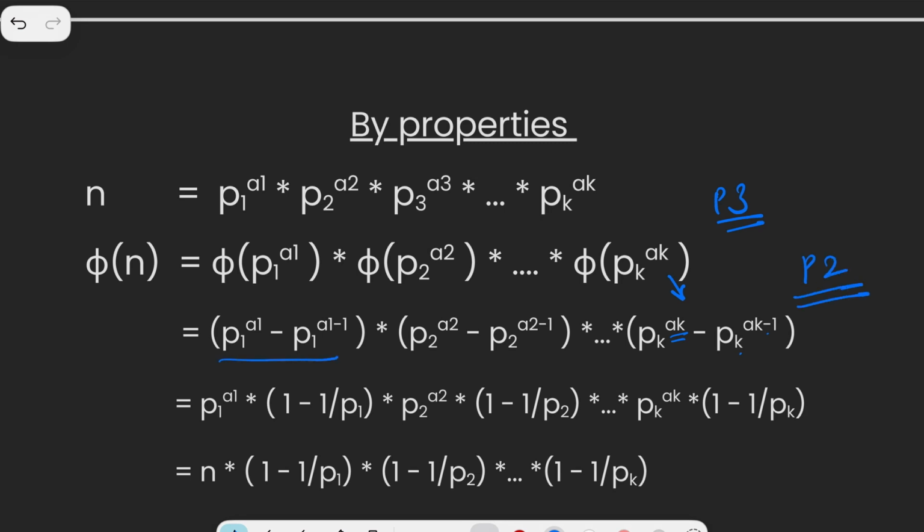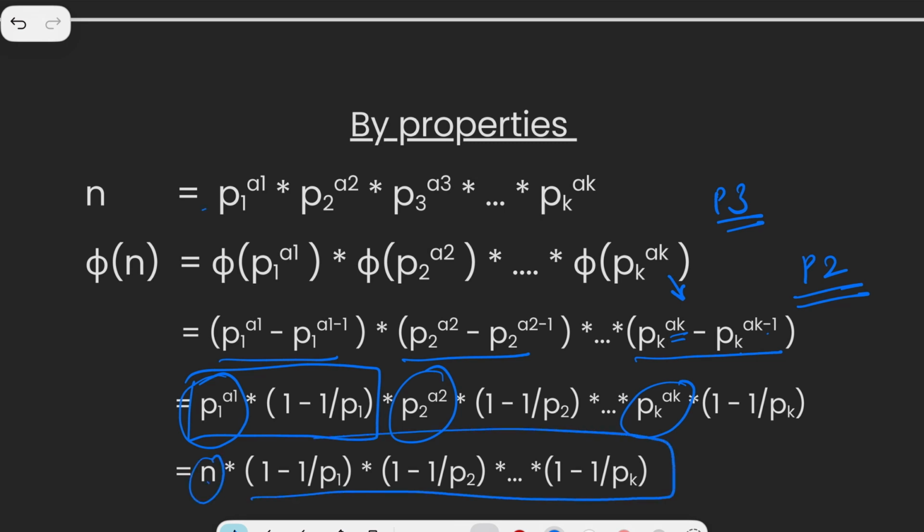You take this p1 common from here, p2 common from here, pk common from here, you will get something like this. Now you take this p1 to the power a1, p2 to the power a2, pk to the power ak together, and that value is n. So I have written n here, and what is remaining with you? This value, 1 minus 1 by p1, 1 minus 1 by p2, 1 minus 1 by pk.